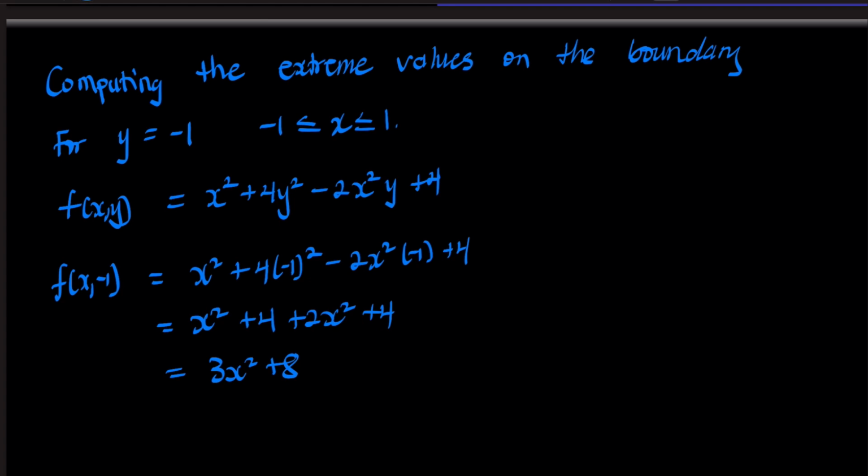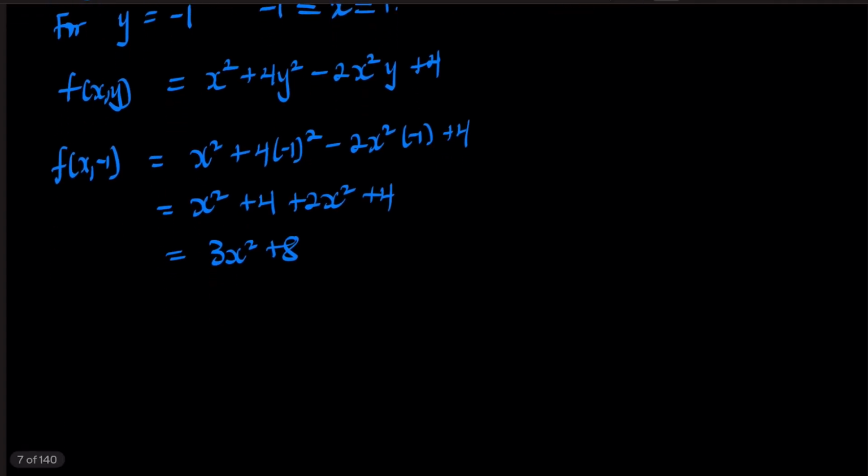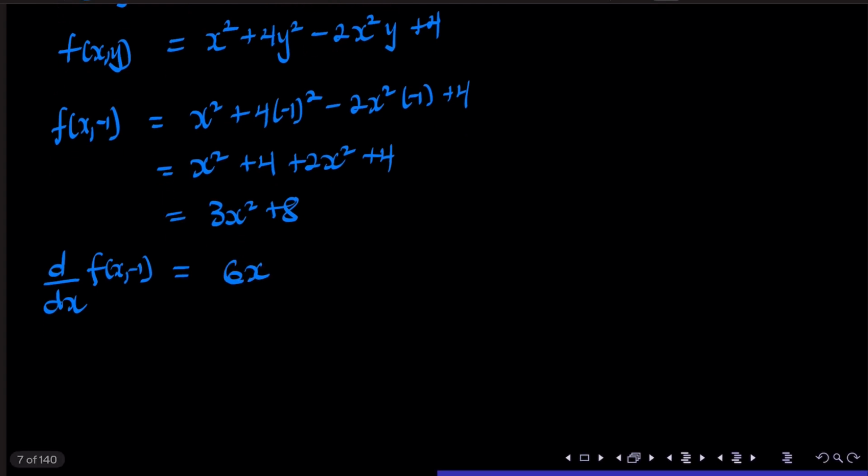So we now differentiate this to find the critical points. So d/dx of f(x, -1) will be giving us 6x. Then we set this to be equal to 0. So 6x is equal to 0, implying that x is equal to 0.